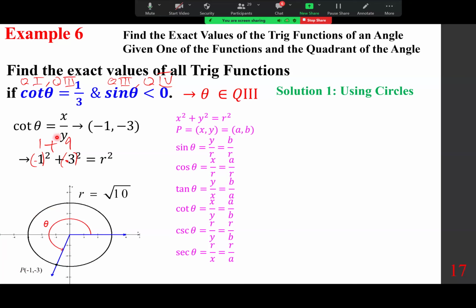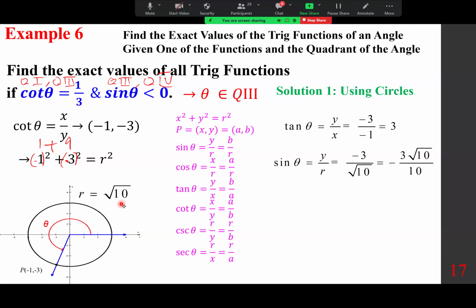Cotangent theta is x over y, so tan theta is y over x, which becomes positive 3. Ultimately, you can mix and match this method with the identities, but if they ask you for a specific method, you should be able to handle it. Sine is y over r. So negative 3 over square root of 10. And again, rationalization, multiply.